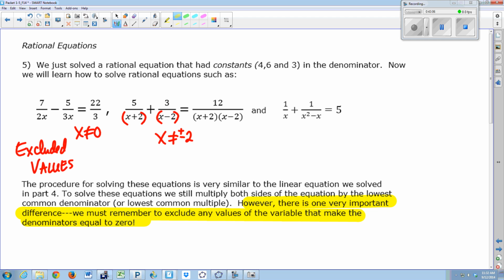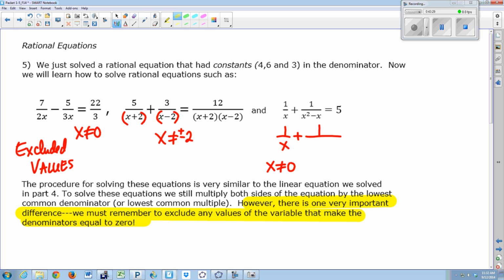Now for this next one, you have to do a little work because the second denominator is not factored for you. The first denominator is factored, so what's an excluded value for this very first one? 0. x can't be 0. Now we have to factor this second denominator. How are we going to factor x squared minus x?